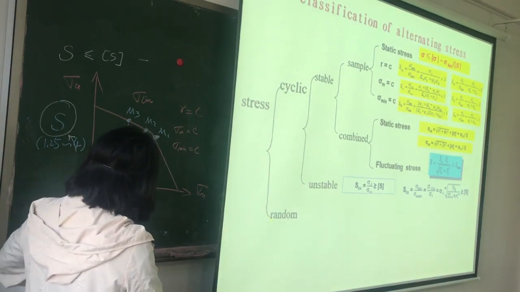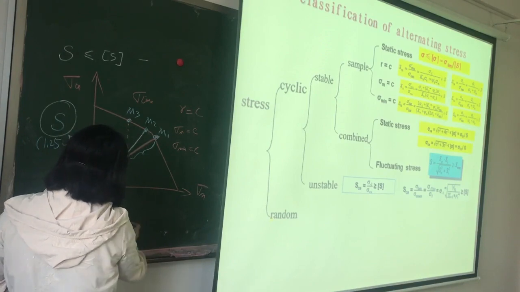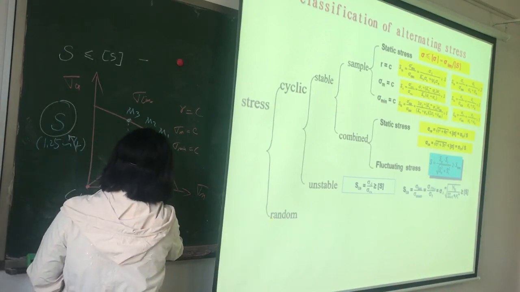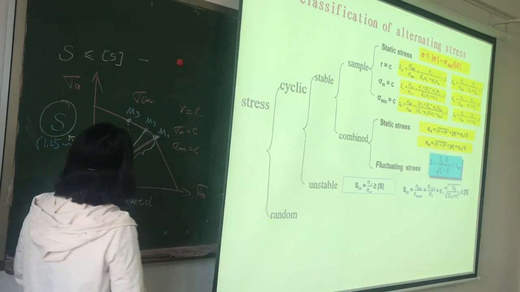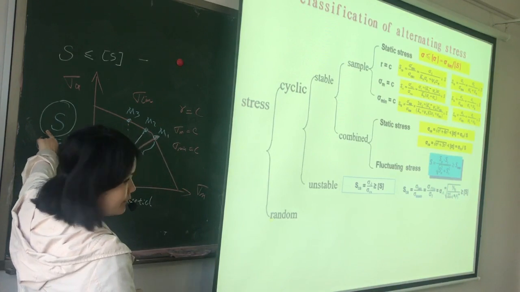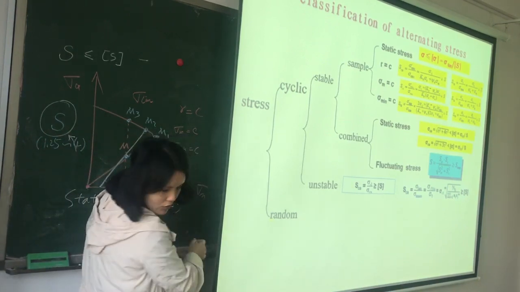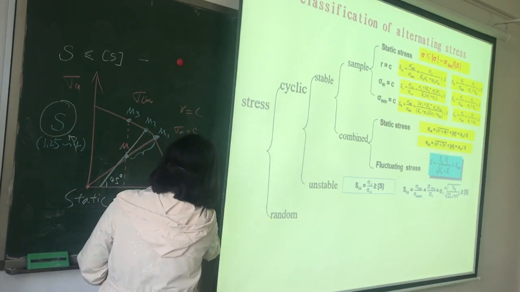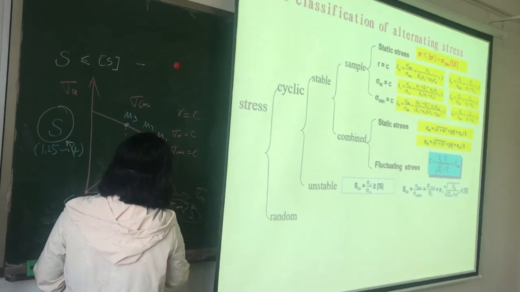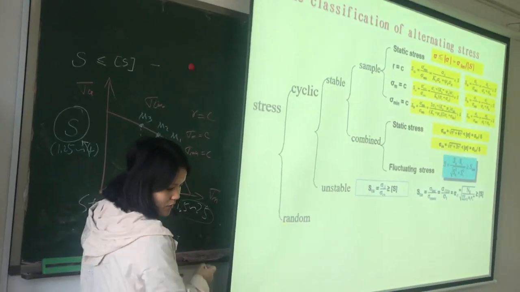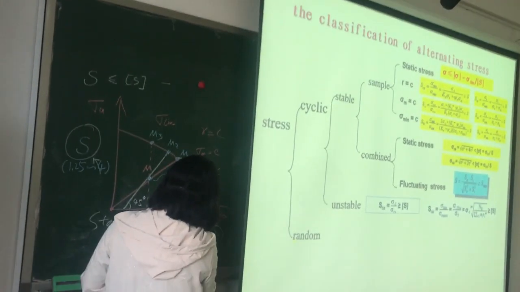For static stress and for a ductile material, the value of S is 1.5 to 2.5. This is for material. But for an element, the value is 1.2 to 1.5.